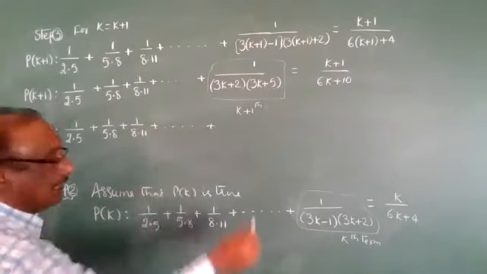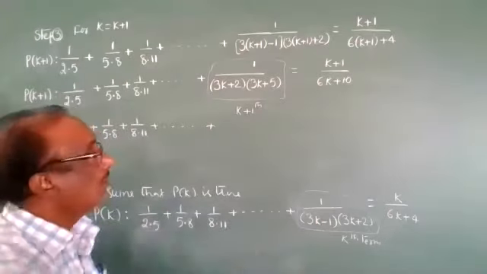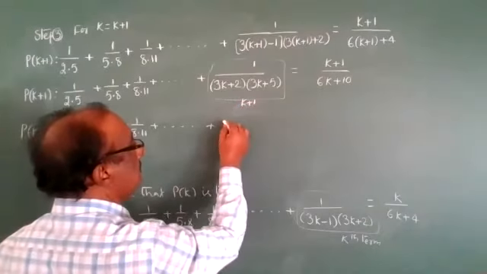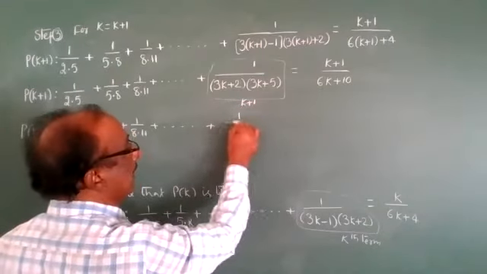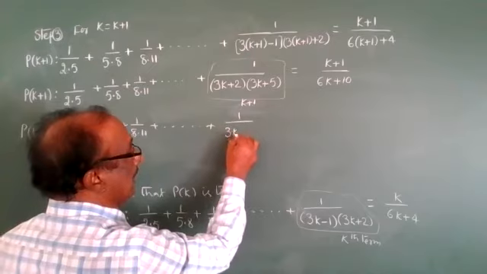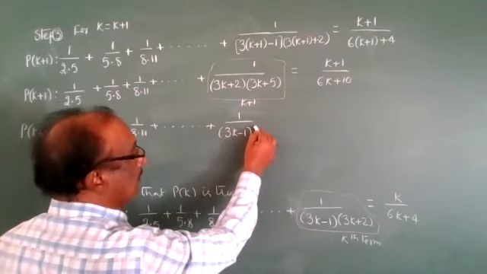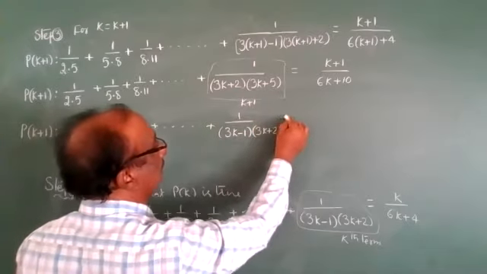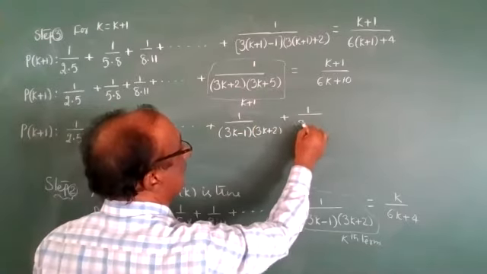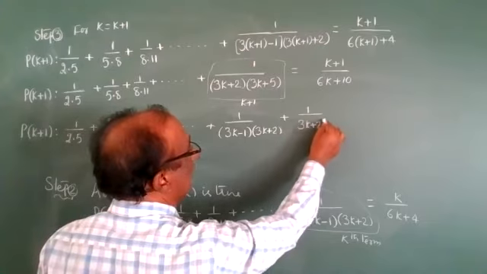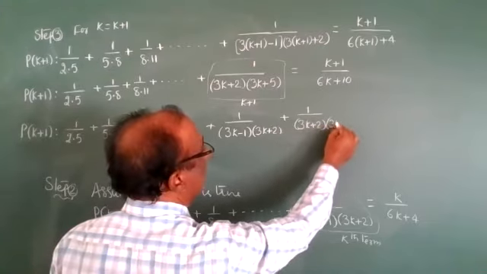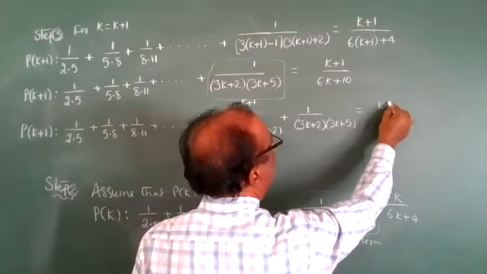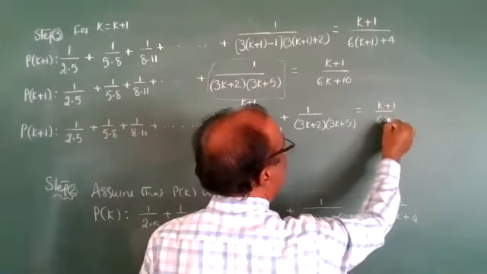Copy the same kth number, copy before: 1 by (3k minus 1) into (3k plus 2). Now write down the k plus 1th number, 1 by (3k plus 2) into (3k plus 5). The answer on the right side is (k plus 1) by (6k plus 10).